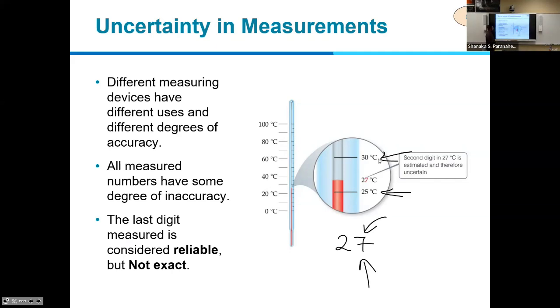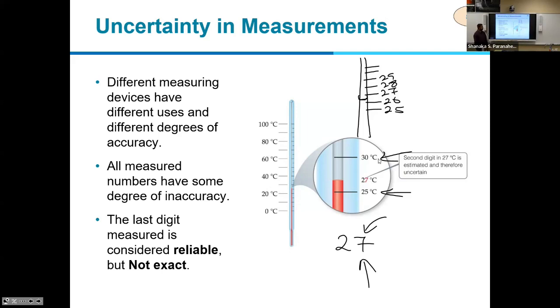But let's say we have a different thermometer, and that scale has 1 Celsius, like 25, 26, 27, 28, 29. Let's say our temperature is in the middle of 27 and 26. What is the value we are going to record as the temperature shows from the second thermometer? Would you do 26.5?